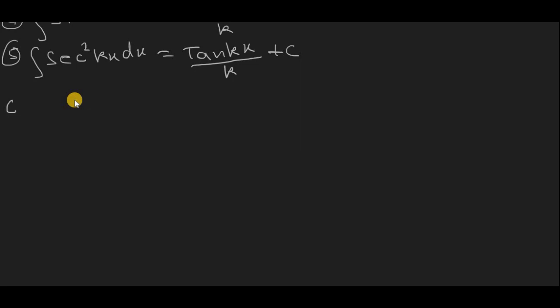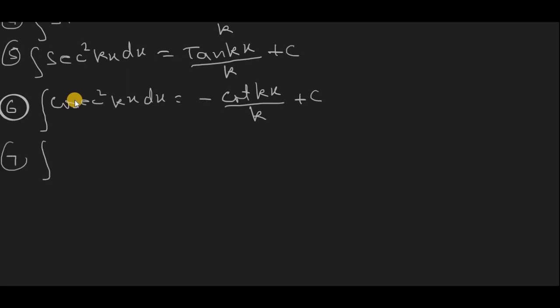The sixth one is integral cosecant square kx dx is equal to minus cot kx over k plus c.